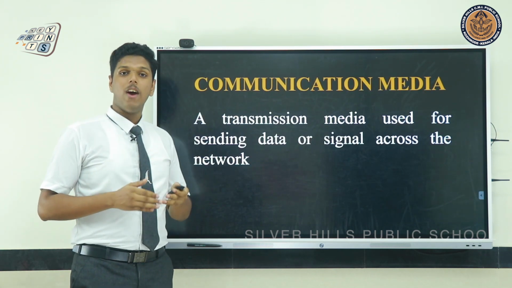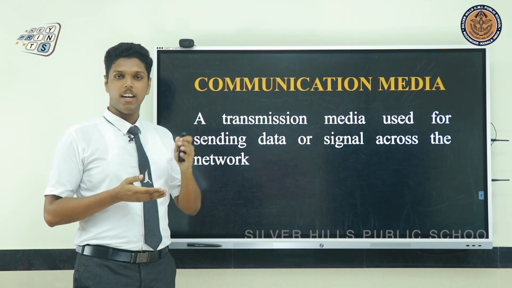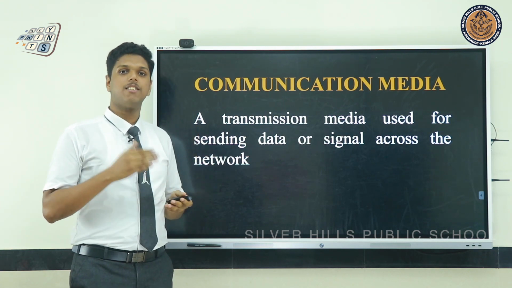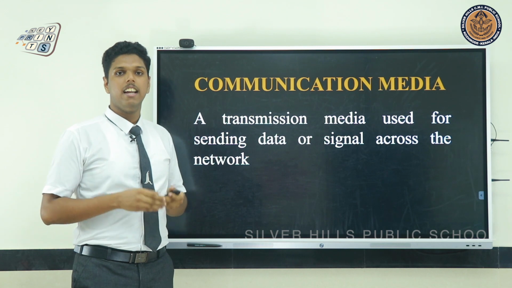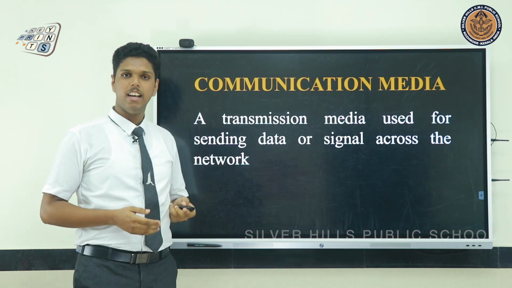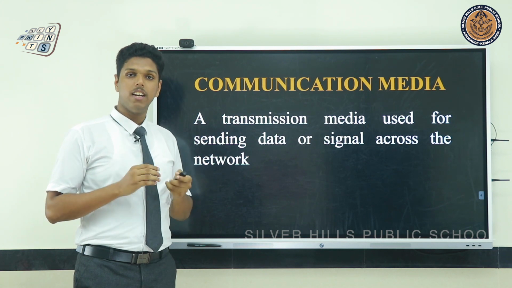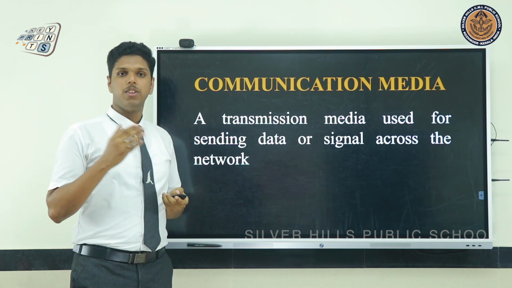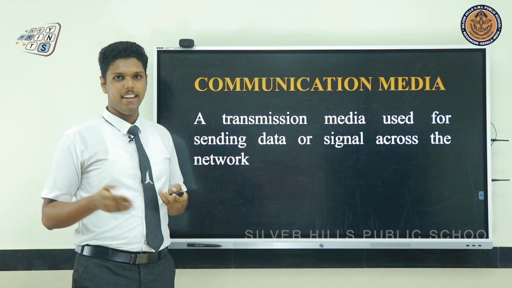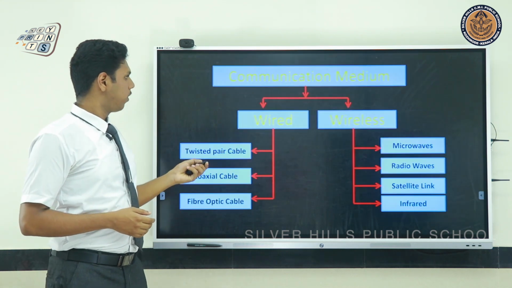Now that you understand how the Internet works, how it is organized and how information is transferred from one point to the other, we shall look into communication media, which is responsible for transferring signals or data from one point to the other or from one network to the other. Now let us look into it.